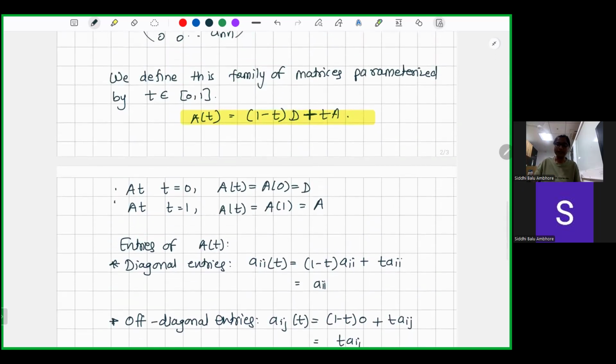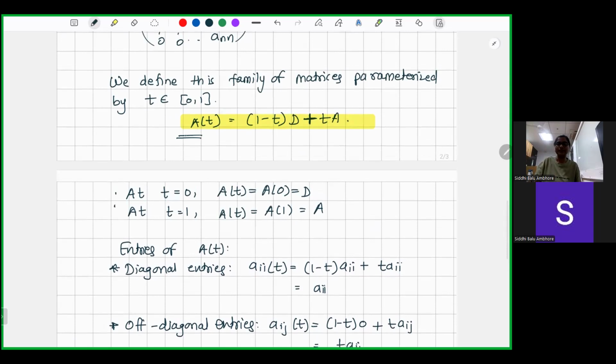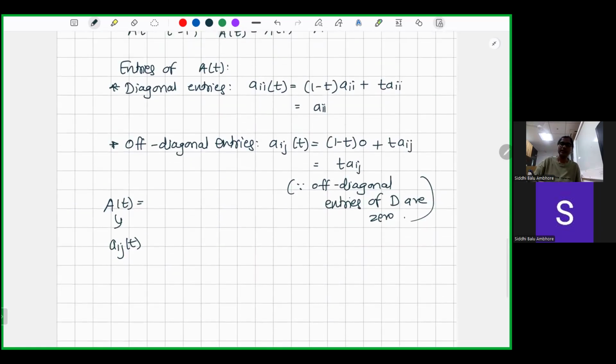Understand that when I write this A_t as a matrix with t in it, it becomes a polynomial at each entry. And these are exactly the expressions of those polynomials. It is just a_ii at diagonal and t a_ij at off diagonal entries.